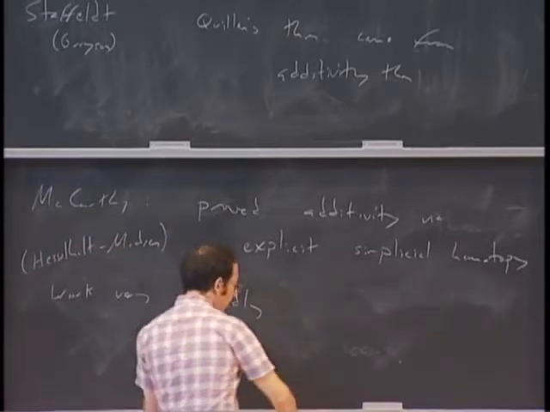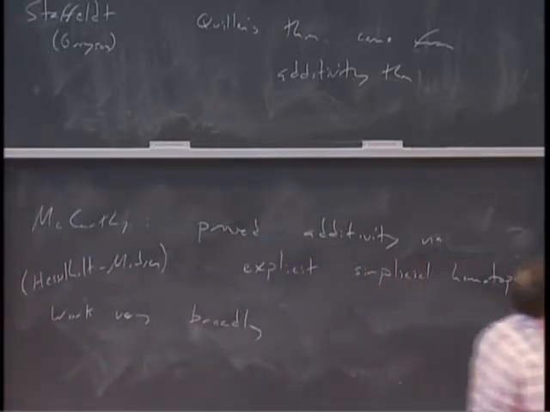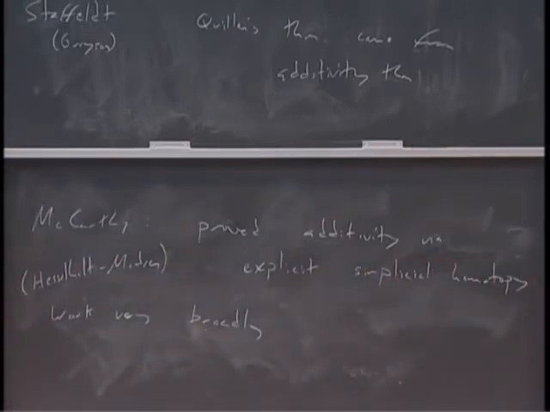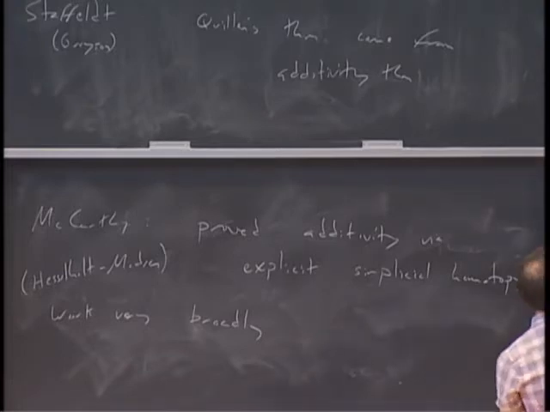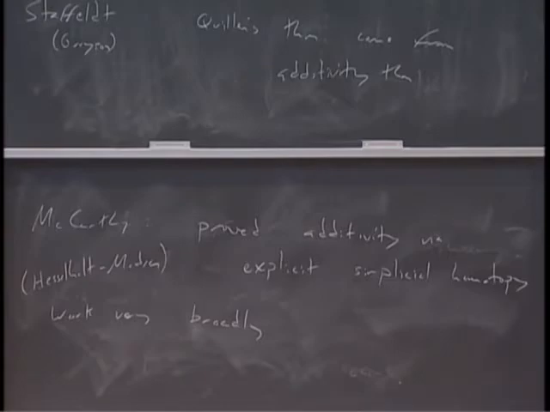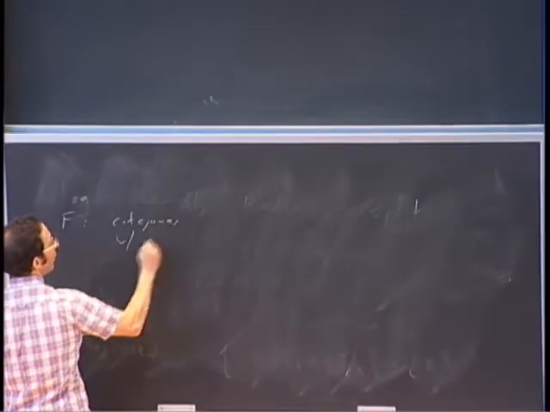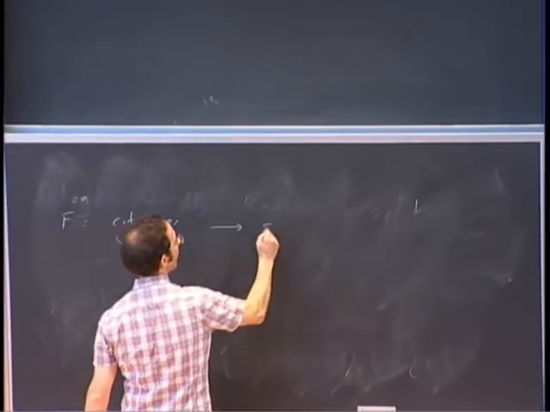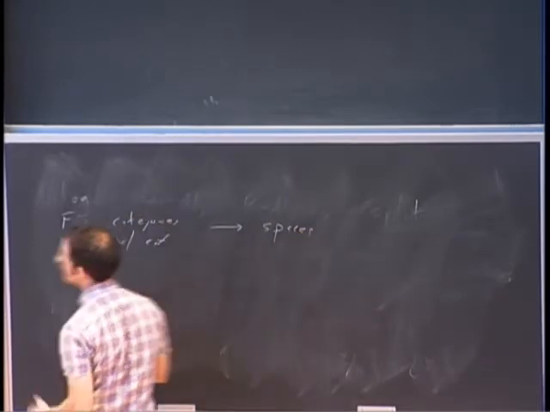And what I mean by that is something precise, namely, suppose that F now is a functor from small categories with cofibrations to spaces.